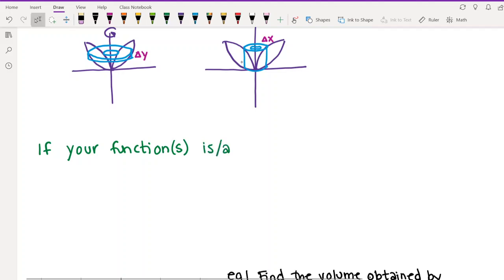If your functions are given in terms of one variable and are difficult to solve for the other variable, then that will force you to use one method or the other.